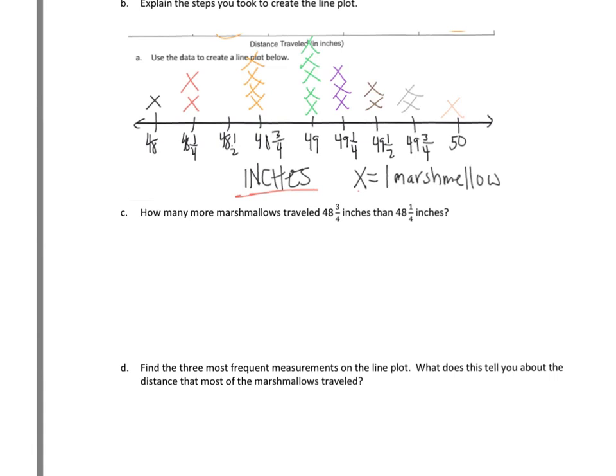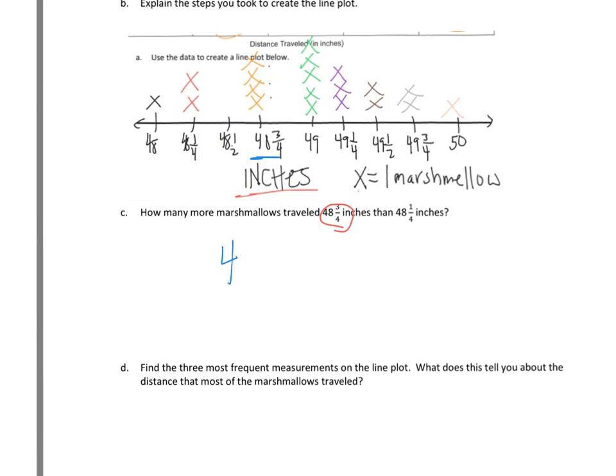How many more marshmallows traveled at 48 and 3/4 inches than 48 and 1/4 inches? So we're going to glance up at the line plot that we brought over, which is just above it. We'll look at 48 and 3/4, and we see that we have 1, 2, 3, 4.